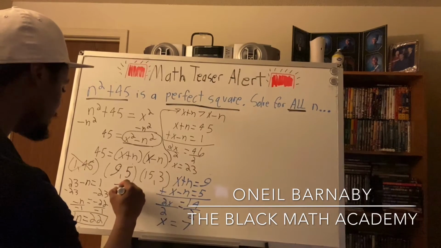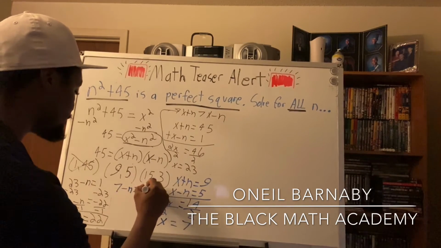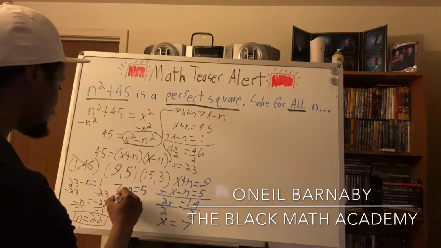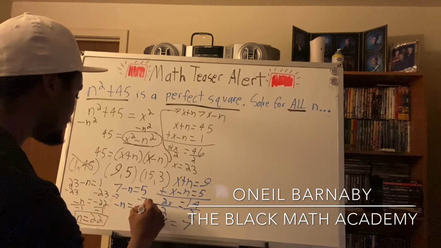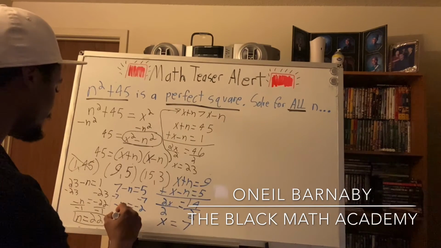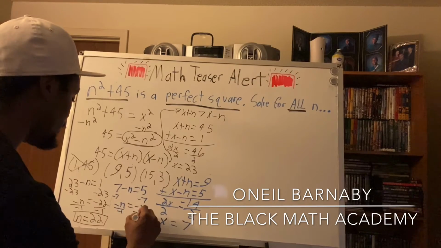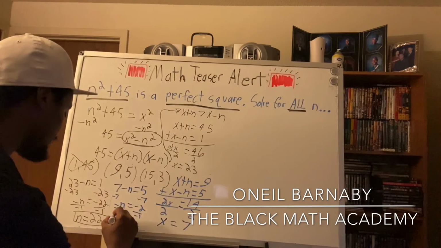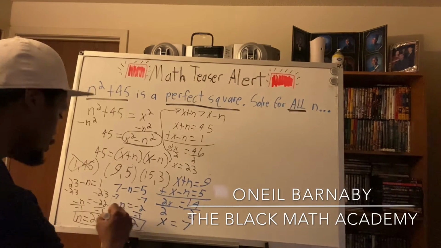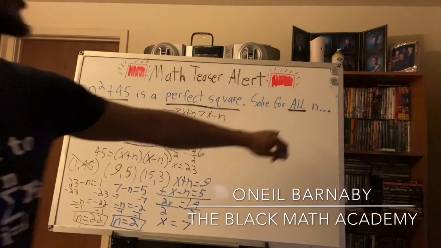So 7 minus n equals 5. Subtract 7 from both sides. You get negative n equals negative 2. And then divide both sides by a negative 1. You get n is equal to 2. So n equals 2 would be our second value for n.